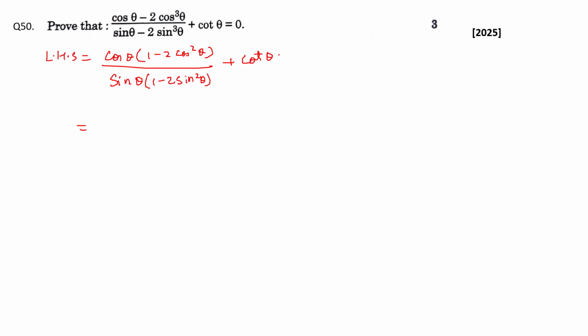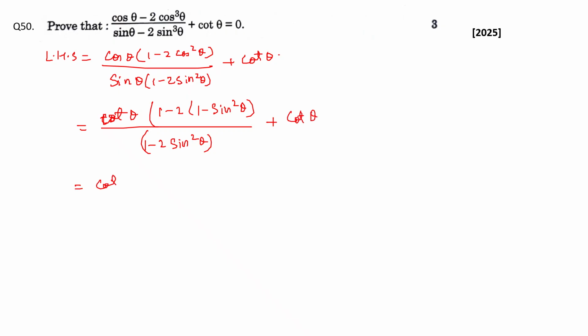Now, either the numerator or the denominator, you have to make it the same. So I am going to change cos square theta into the form of sin square theta. Now, cos theta by sin theta is cot theta. Then 1 minus 2 cos square theta, I am writing as 1 minus 2 times (1 minus sin square theta), divided by 1 minus 2 sin square theta, plus cot theta.